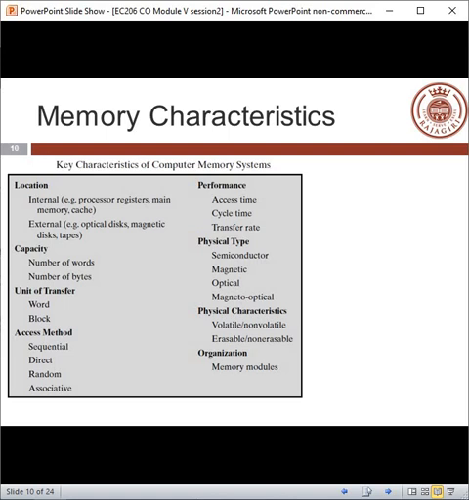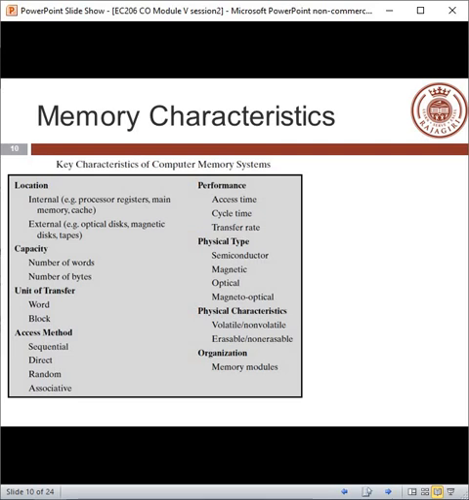If it is internal to the chip or the motherboard, we can call it registers, main memory, cache, etc. If it is external to the motherboard, it will be optical disk, magnetic disk, tapes, etc. Normally, internal memories are faster but expensive, but external memories are slower and cheaper. And external memories have high storage capacity when compared to internal memory.